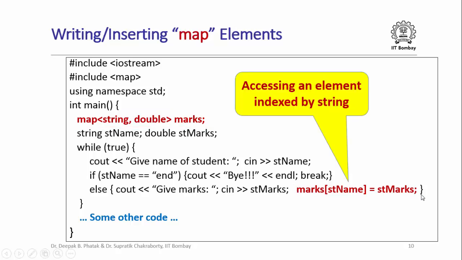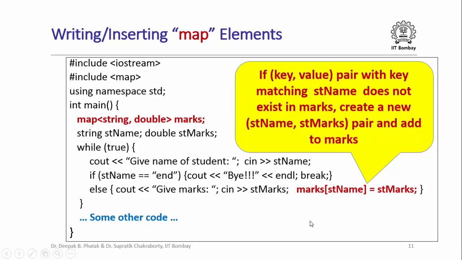And when I do this assignment, I am basically accessing an element in the map named marks, and I am accessing this element by using the index stName, which is a string. And here I am basically storing stMarks along with the key stName in the map named marks. So that's exactly what's happening here.